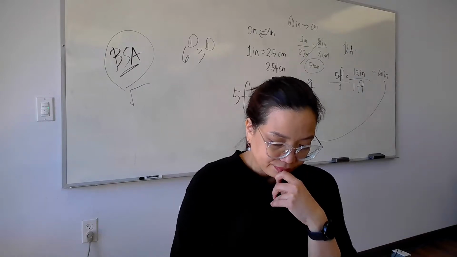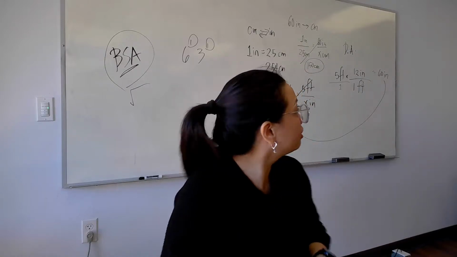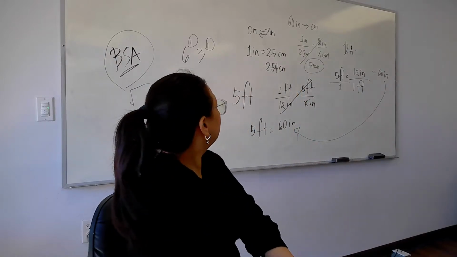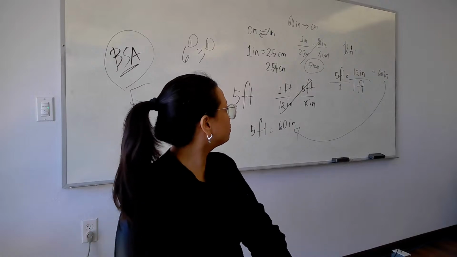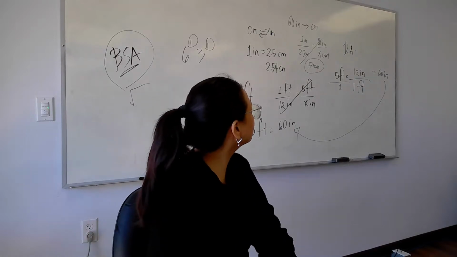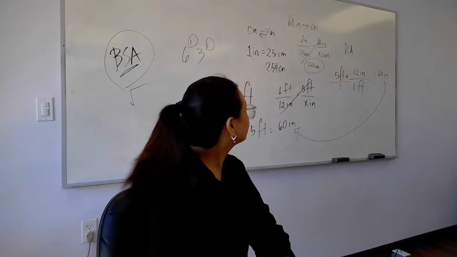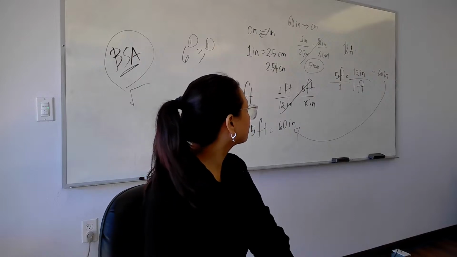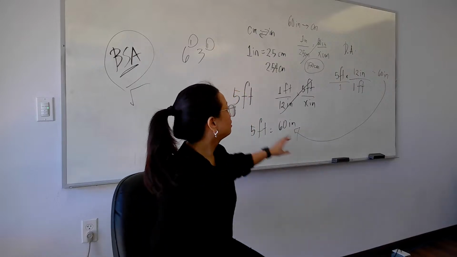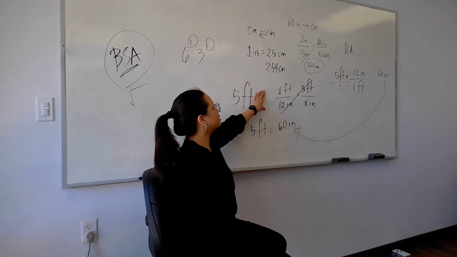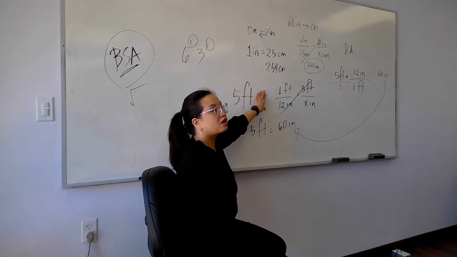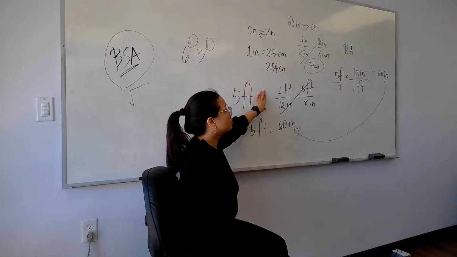To get centimeters, to get inches, it's the same way. We're dividing. Inches to centimeters is 2.5. Instead of putting the X in the centimeter, you put the X elsewhere. Remember ratio and proportion, cross multiplication.